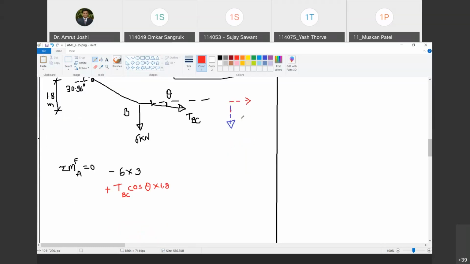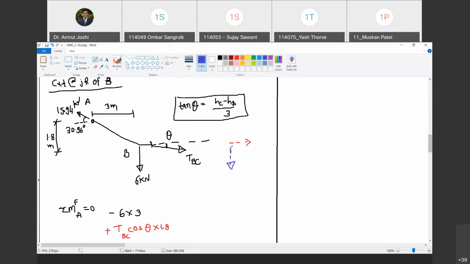Now, what about this? Tell me. Minus TBC sine. No, that component is minus, but we are writing down the sign for moment. So this component is TBC sine theta, and it is not minus because it is acting downward.